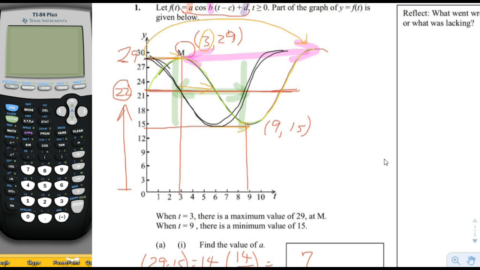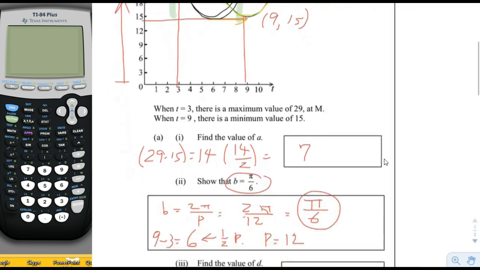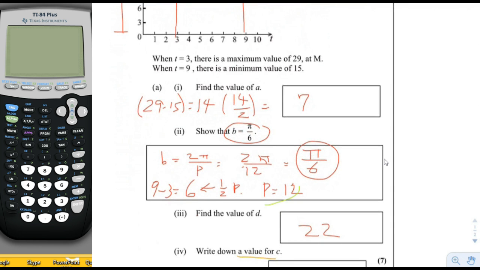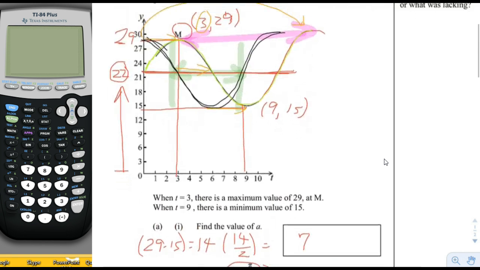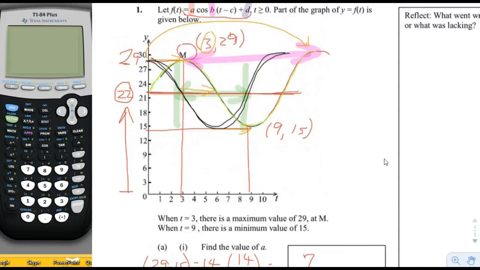And where does it intersect the y-axis here? Let's see, the period is 12, and the horizontal shift is 3. So actually, it intersects it exactly there at the mean line, because this is 1/4 of the period here.